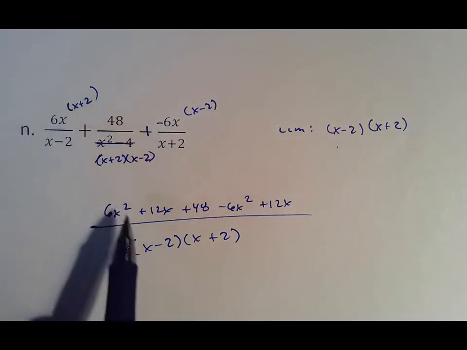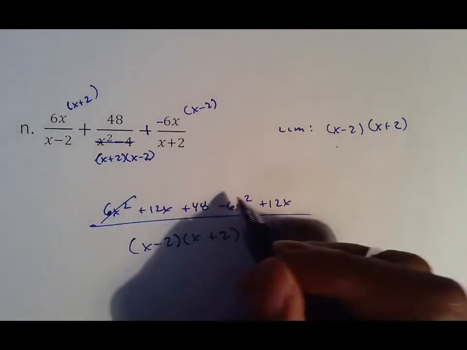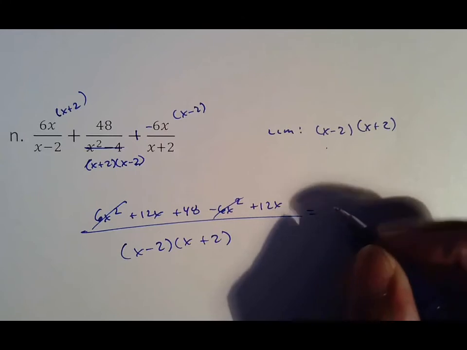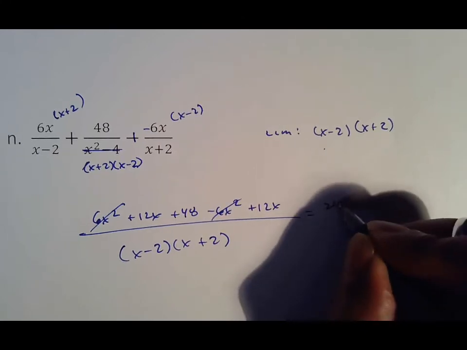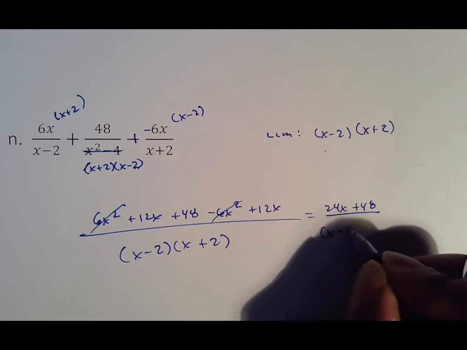So again, making sure 6x squared plus 12x plus 48 minus 6x squared, which means these two things cancel, giving us 24x plus 48 all over this here.